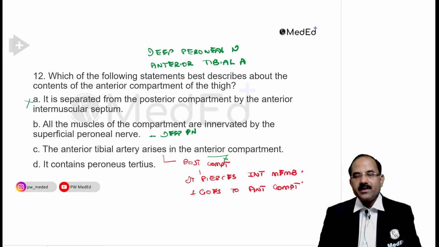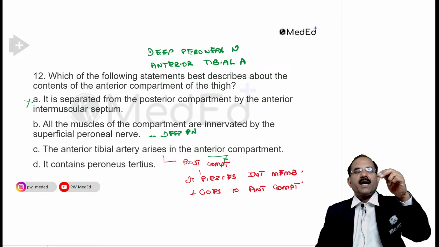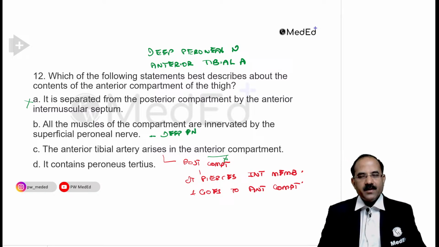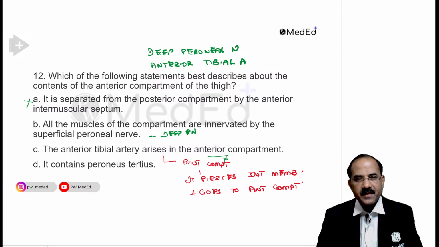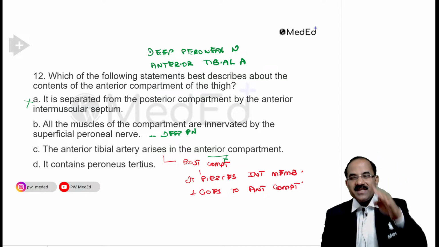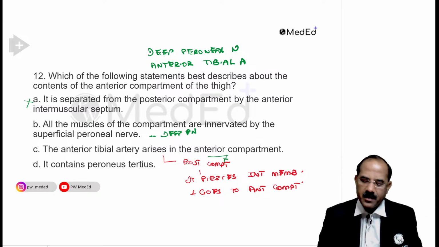The anterior tibial artery is a branch of the popliteal artery. Remember this, the popliteal artery has two branches: one is anterior tibial, one is posterior tibial. Clear? Both of them are given off in the posterior compartment. The anterior tibial pierces the interosseous membrane and then goes to the anterior compartment.